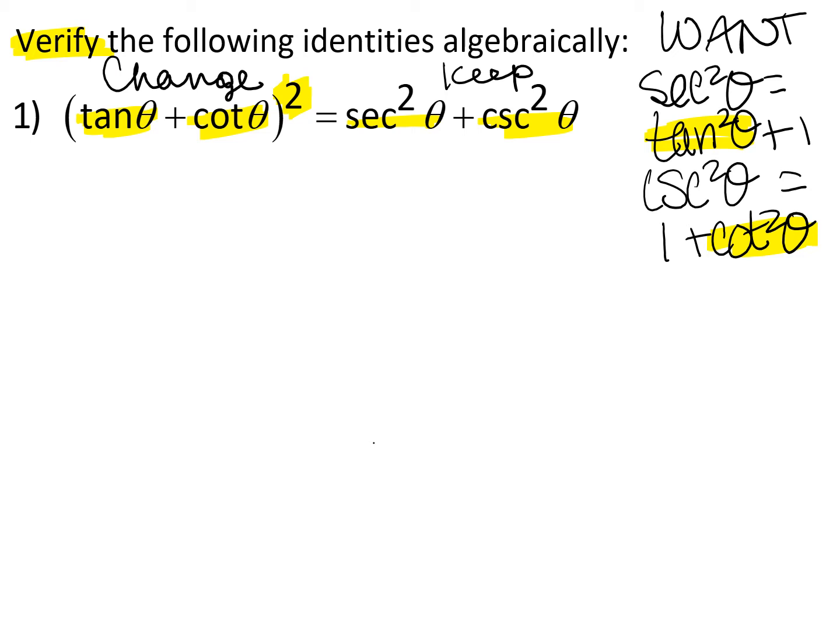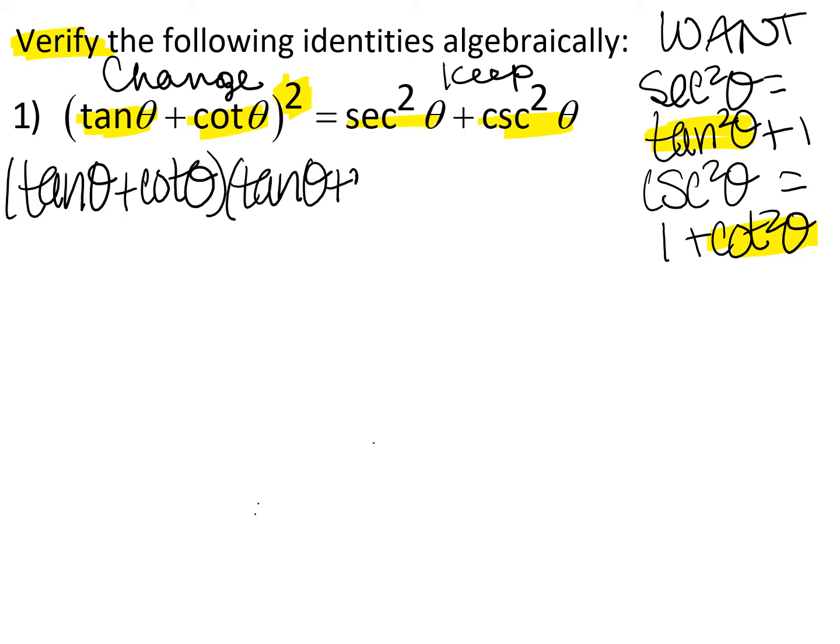So what I'm going to do now is use FOIL to get rid of the parentheses. Oops, I should probably show you step by step. Tangent theta plus cotangent theta times tangent theta plus cotangent theta. Tangent times tangent is tangent squared.